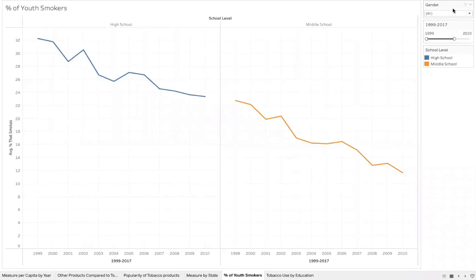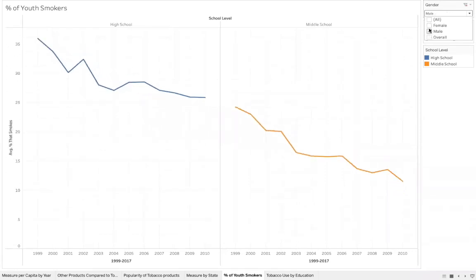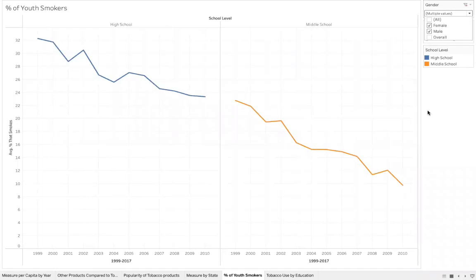There is also a filter here for gender. If a viewer wanted to see how the data changed for just females or for just males. So let's say we just want female, or let's say we just want male, or female and male.